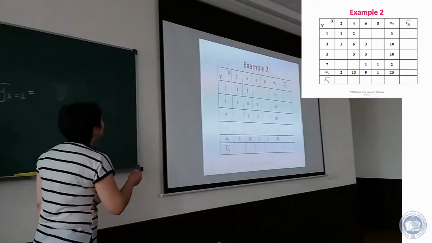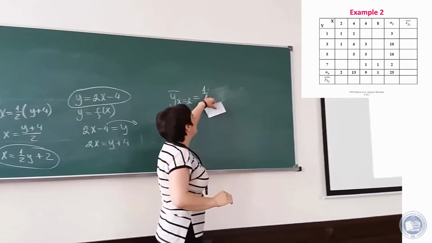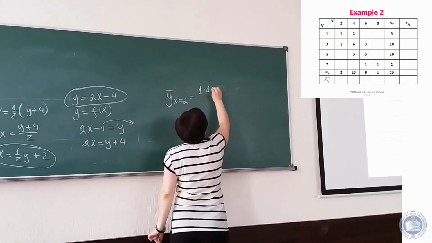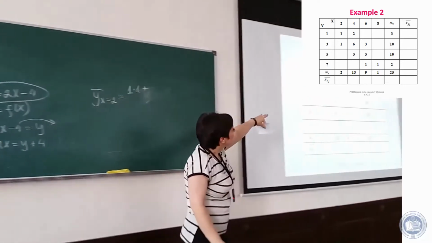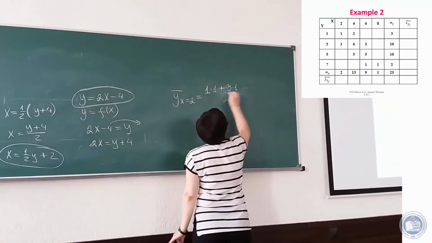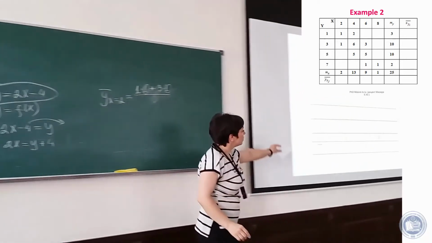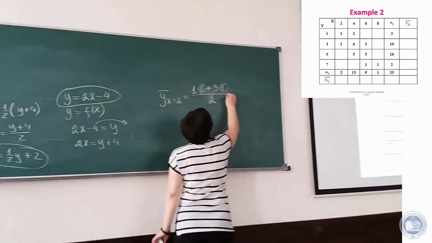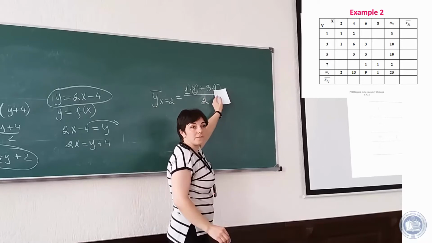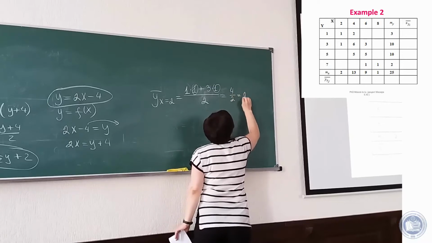It means in order to find this value, you need to take the first value of y, which equals 1. 1 is repeated once. 1 multiplied by 1 plus, next, the value 3 is repeated once. It means 3 multiplied by 1 and divided by the total number, 1 plus 1 equals 2. Okay. Let's find. The first product equals 1. The second product equals 3. Yes, 1 plus 3 equals 4 divided by 2 equals 2.